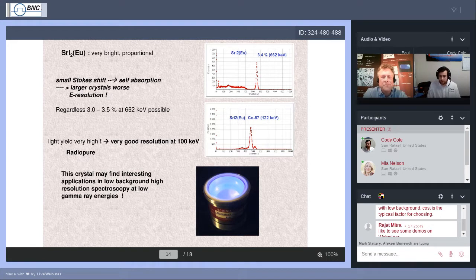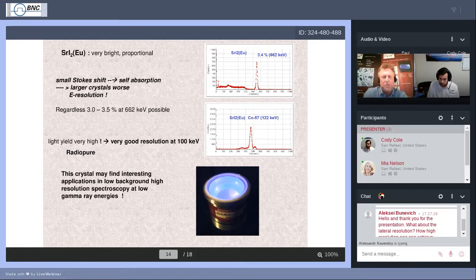Okay, excellent. Next question is from Eric, and he's curious about how all these materials you mentioned relate to each other in terms of radiopurity. Cerium bromide actually is the most radiopure high-resolution material, but it's not as radiopure as strontium iodide.